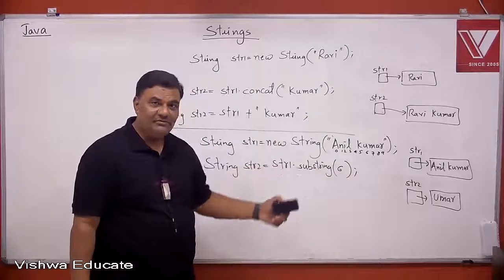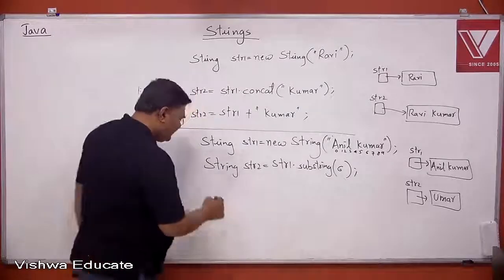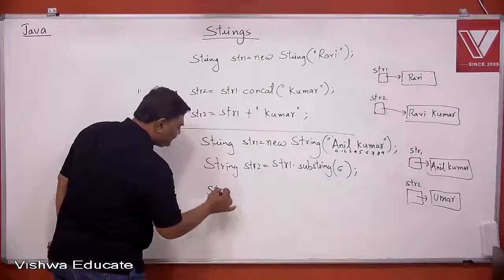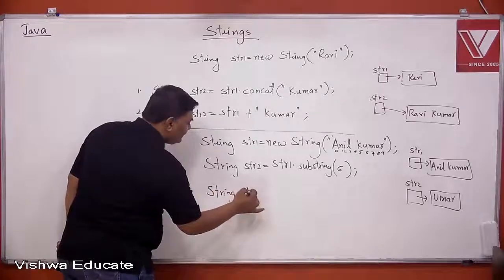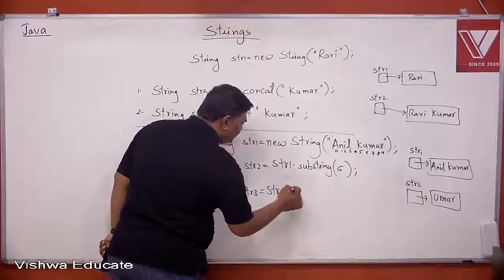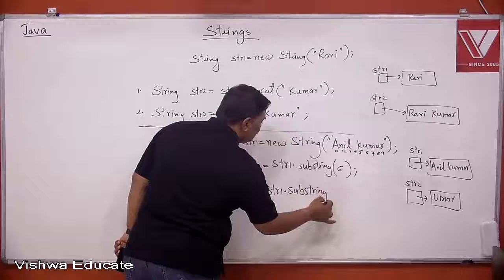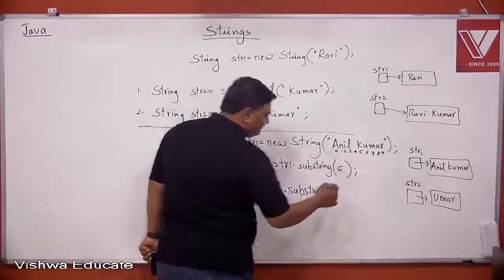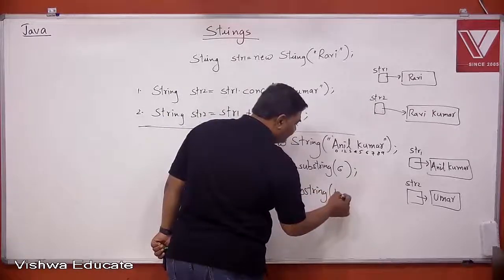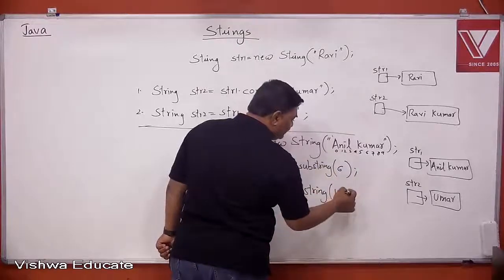That string is not modified. We get a new string. And there is one more thing, that is String str3 assign str1 dot substring, index 1 and onwards, to 3.